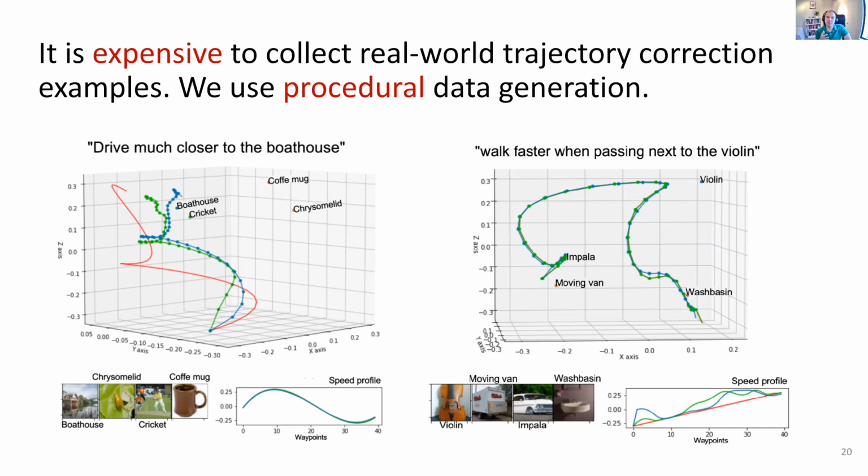We generated a bunch of fake trajectories and fake world configurations, and we calculated corrections using a motion planner with full knowledge of the environment. To fake the visual aspect of the scene, we had a web crawler getting a bunch of random images of each object class to input into the CLIP embeddings.